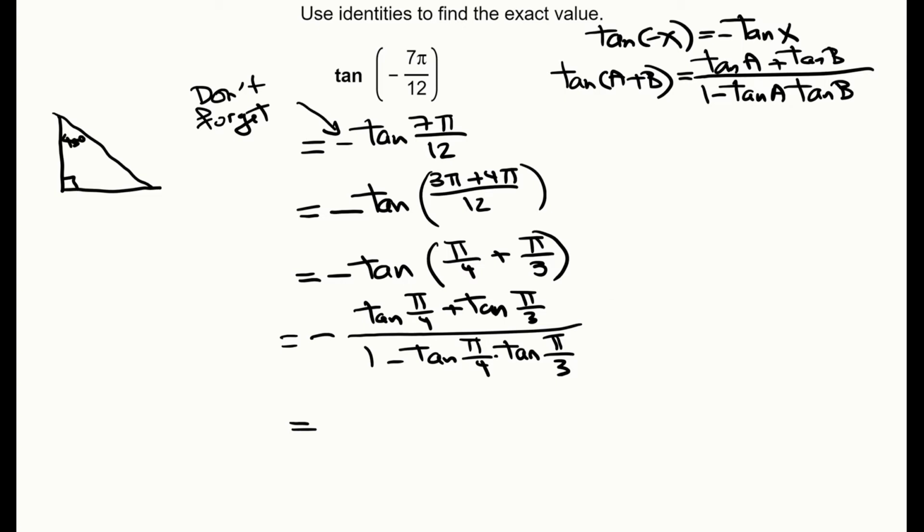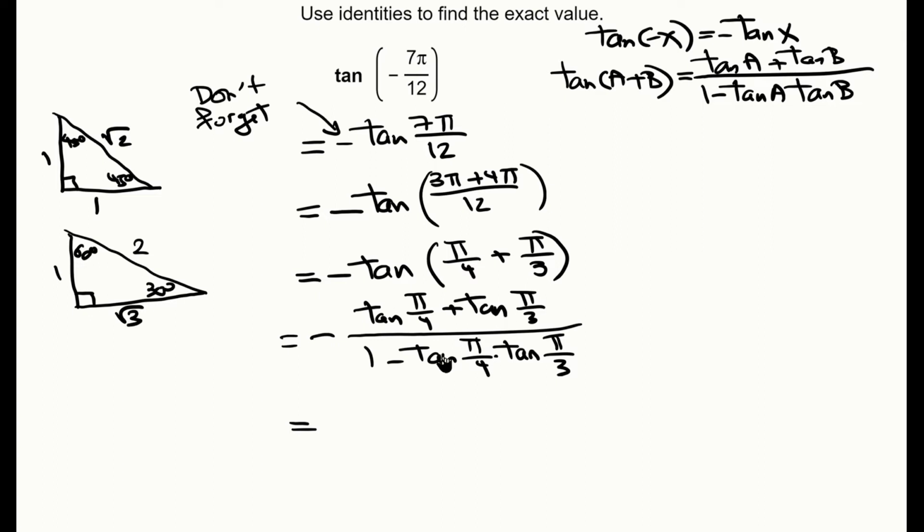So we have 45, 45, 90. This is our reference 45, 45, 90, which we know has sides 1, 1, square root of 2. And for the reference 30, 60, 90, we know we have sides 1 opposite the 30, 2 opposite the 90, square root of 3 opposite the 60.